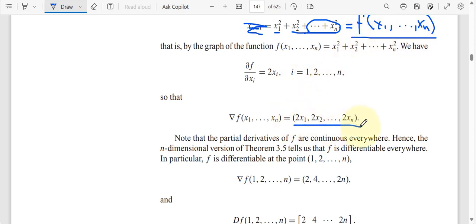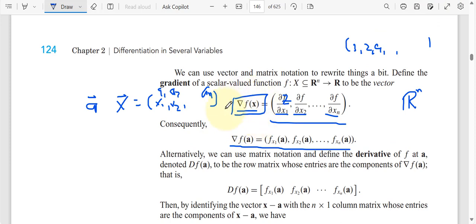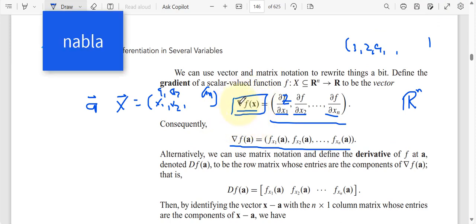So here it is. It's a vector of all the partial derivatives. And this is the notation for it. This is called the gradient of f, and this symbol is called nabla.